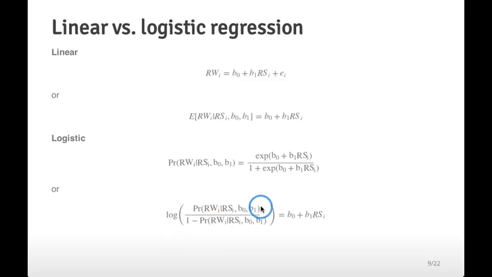Because we have the probability on the top and 1 minus the probability on the bottom, that's the odds. We take the log of it, and it's equal to B0 plus B1 Ravens score i. So this says that we're going to model the log odds as a linear function. That has some advantages, as I mentioned before, because this isn't a constrained number anymore. It can be any number from minus infinity to infinity, so we won't get those problems where we might be estimating a probability outside of 0 or 1.